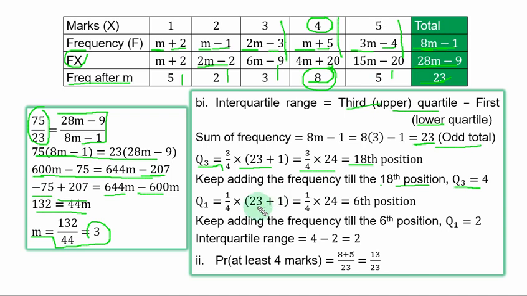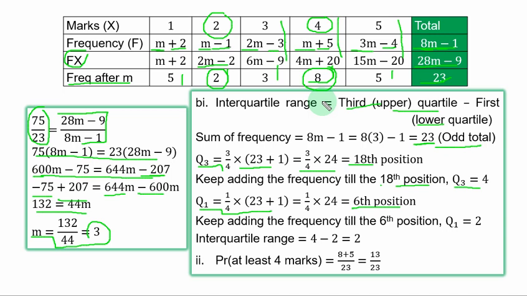For the first quartile, you have 1 over 4 times the sum of frequencies, and that gives the 6th position. So if you keep adding, you get 6 in this place. 5 plus 2 is 7, so 6 is contained where you have frequency of 2, the sum of the first and second frequency, and the mark for that position is 2.